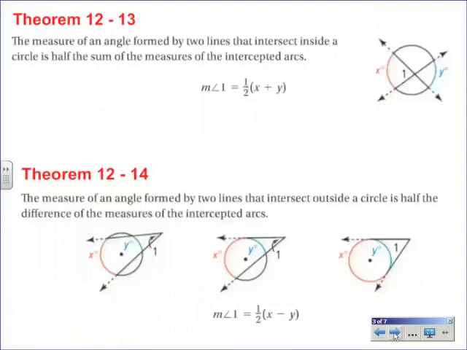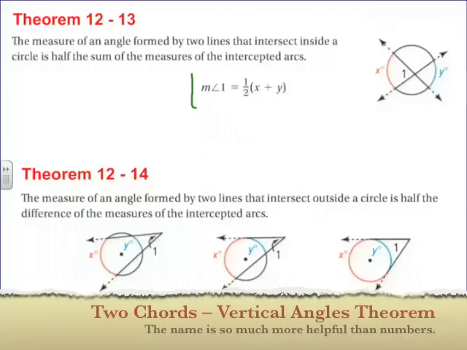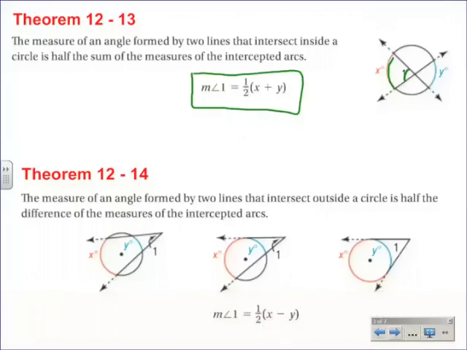Now going back to that introduction, here are our first two theorems, theorem 12-13 and 12-14. This first one is talking about what we just found out in the introduction. The measure of that angle is going to be 1/2 the sum of the arc on one side and the arc on the other. So if we add together x plus y and multiply it by 1/2, we will get the measurement of angle 1.